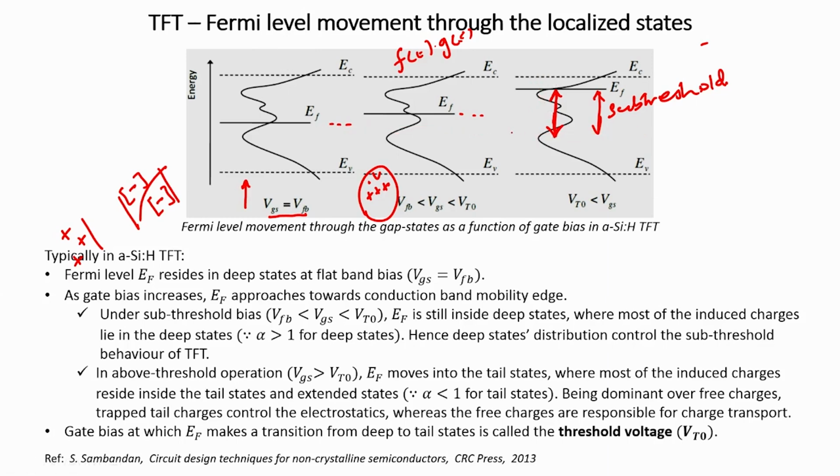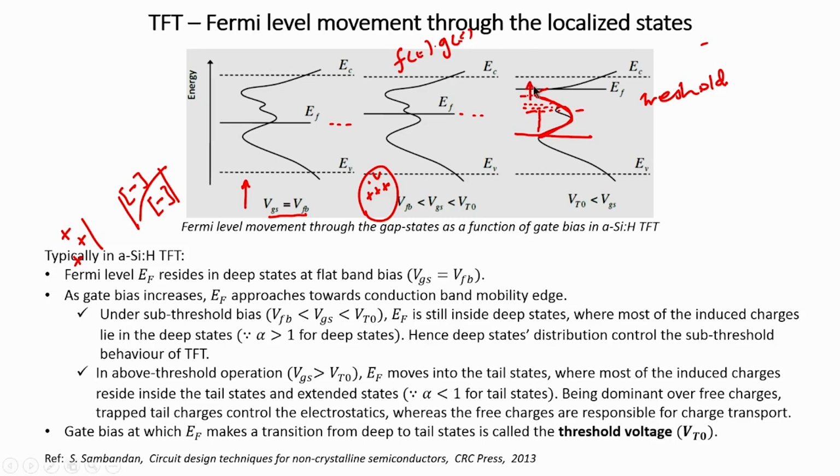But as the Fermi level makes its climb towards the conduction band, the speed depends upon the density of states here. Let us say that there are a large number of states to be filled. The Fermi level will climb very slowly, because it needs to fill all these states with electrons before it can move upward. But if there are very few states to be filled, then the Fermi level can climb a little faster.